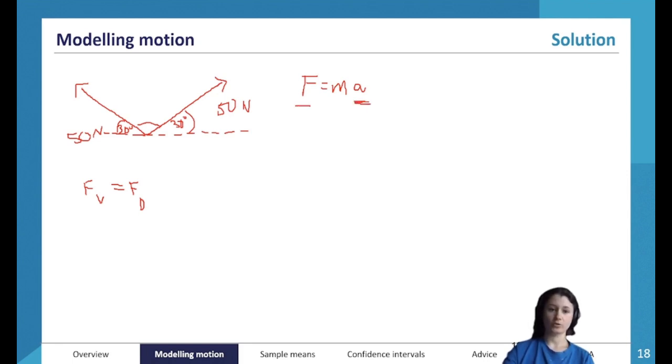And we also have force because that is related here. Alright? So we know the acceleration acting downwards is going to be negative 9.8 meters per second squared.